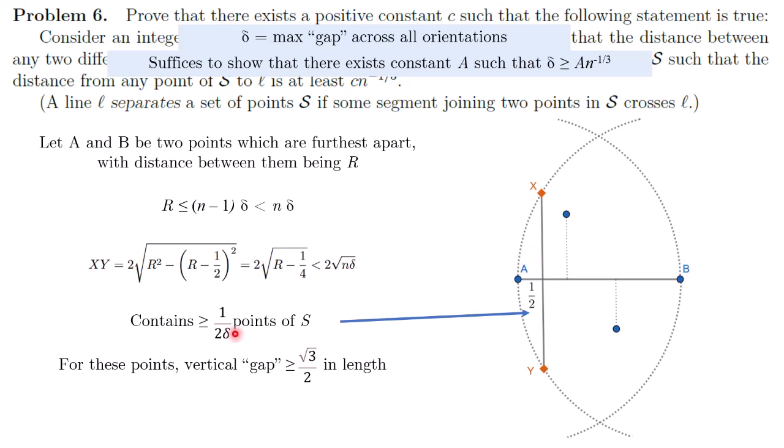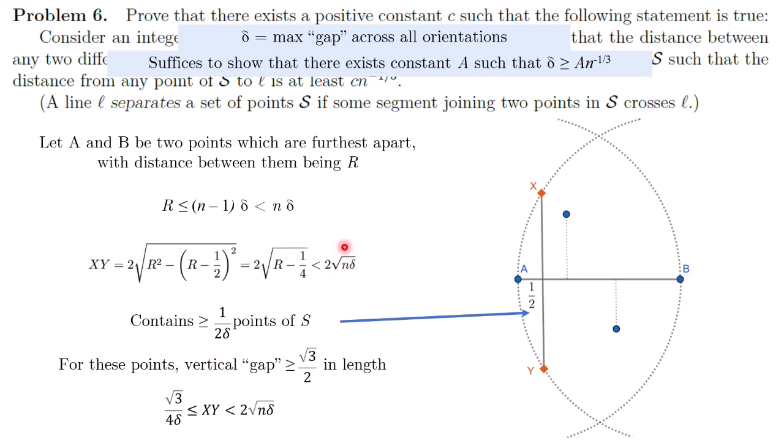And because we have this number of points, between any two adjacent projections they must be at least √3/2 apart. We conclude that xy must be at least √3/2 times 1/2 delta, yielding √3/4 delta.